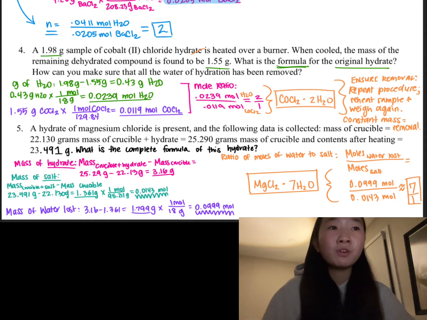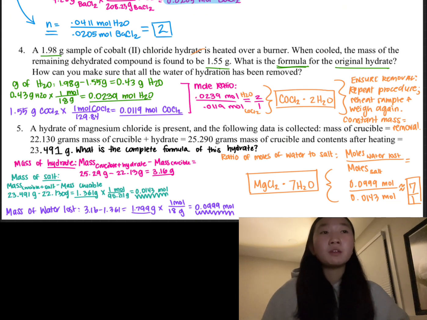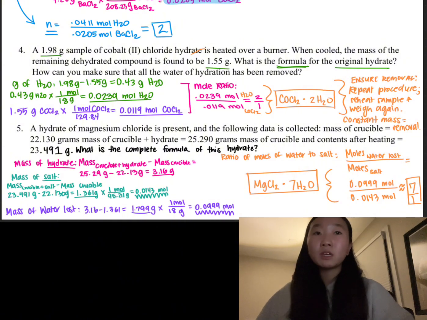As for question number 5, we will actually have to do another molar ratio between the moles of water lost and the moles of total salt. So first, we got the mass of the hydrate by subtracting the mass of just the crucible from the mass of the crucible and the hydrate, giving us a total mass of 3.16 grams.